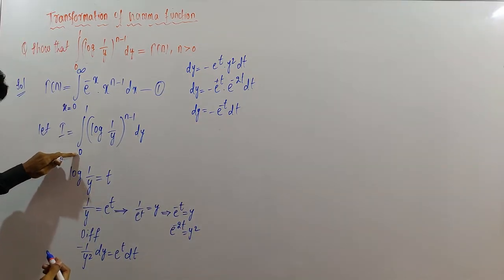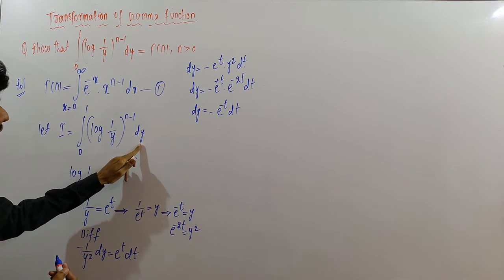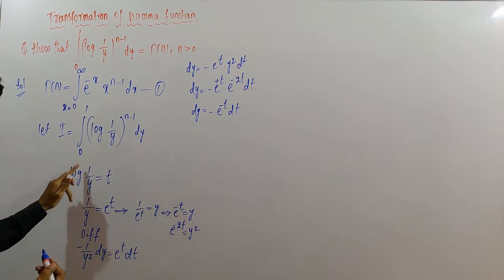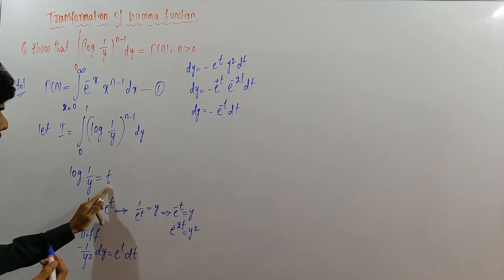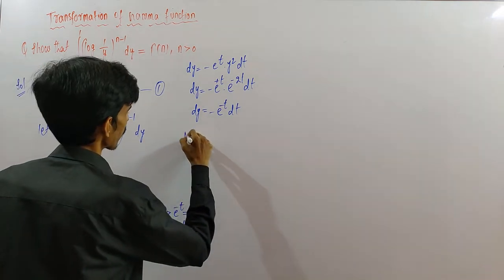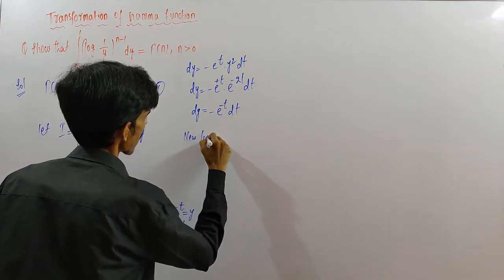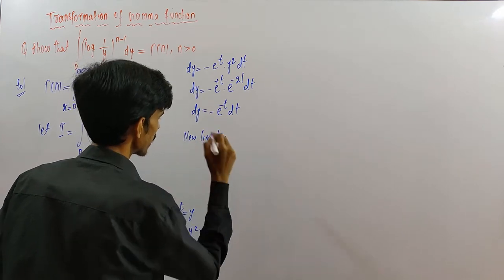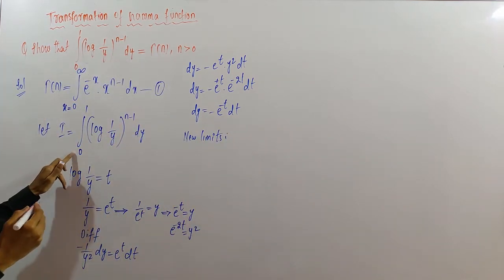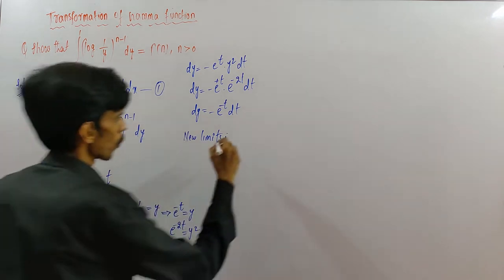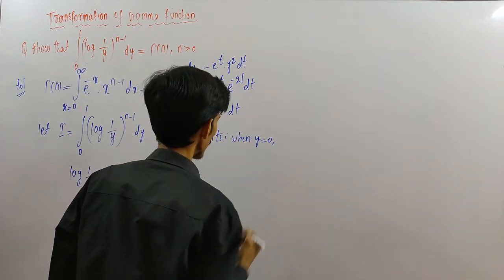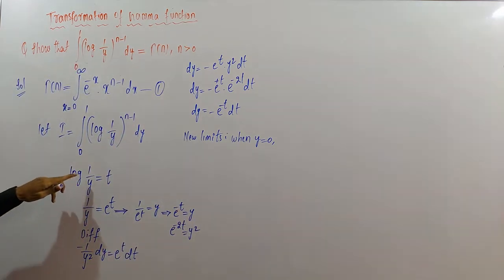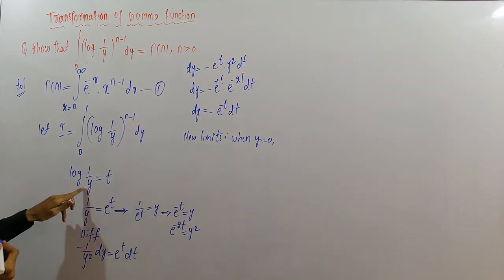Here we have limits 0 to 1 for variable y. Now we have made this substitution log 1 by y as t. So new limits are required for this new dummy variable t. New limits. Here we have lower limit y as 0. When y is 0, substitute this y value 0 here, we have 1 by 0.